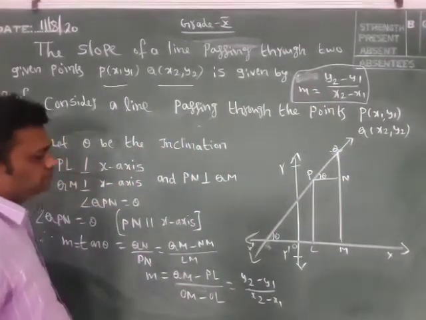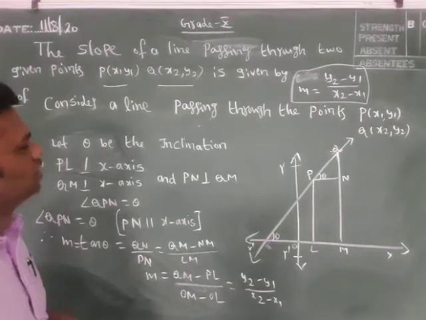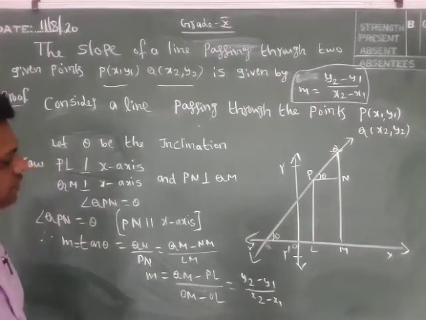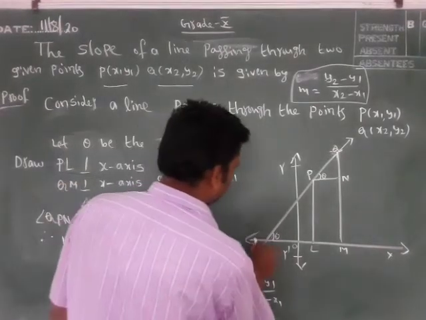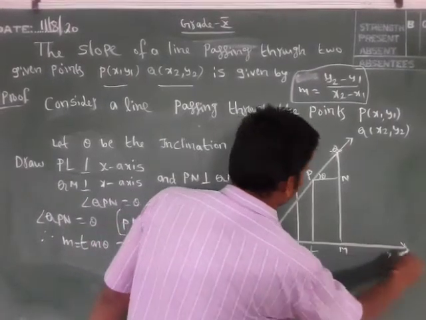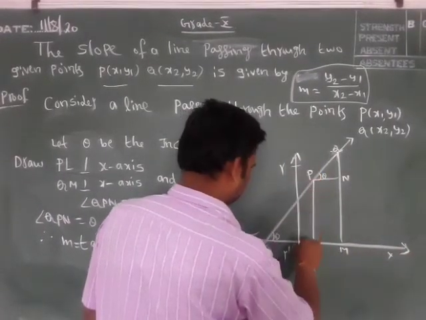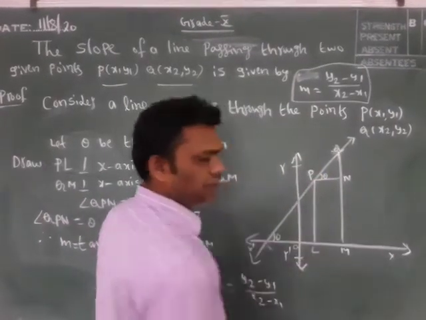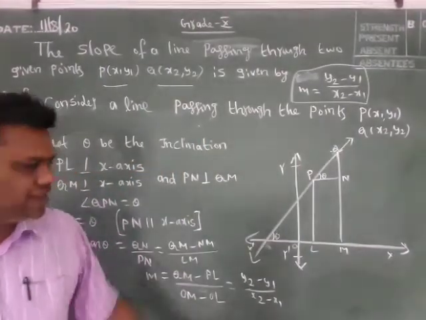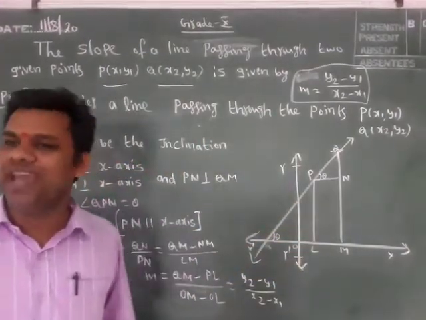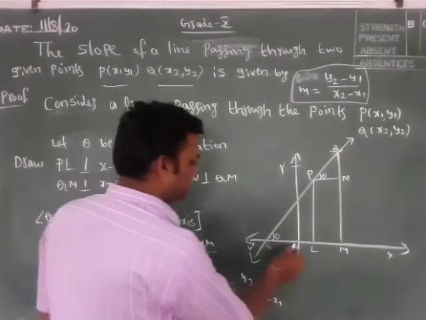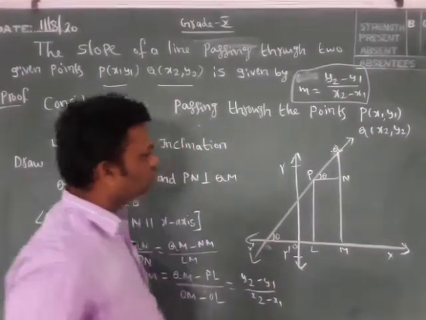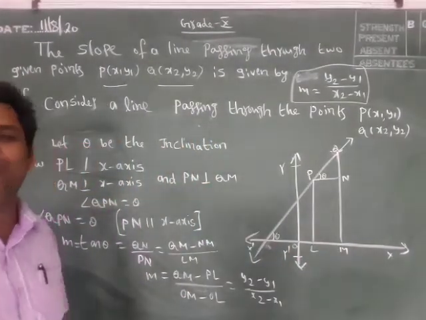Consider the horizontal line, which is called the x-axis, and the vertical line, which is called the y-axis. Both intersect at the origin.